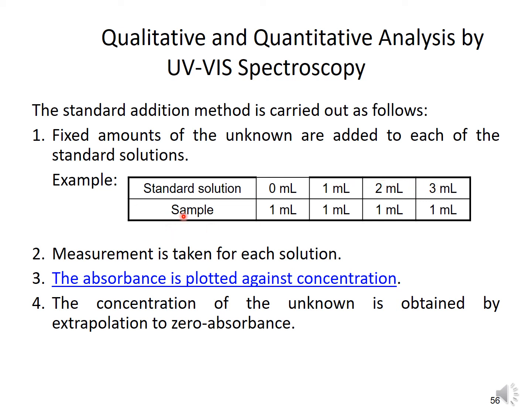To each of the standard solutions, you simply add a fixed volume of your sample, 1 milliliter. And then you take the reading and simply plot the calibration curve graph. The concentration of the unknown is obtained by extrapolation to zero absorbance.